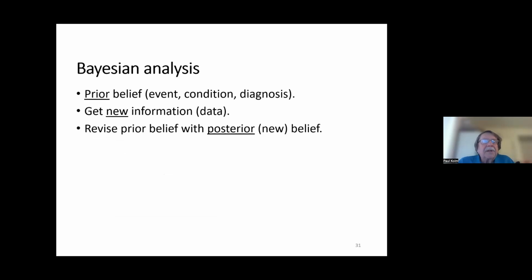In Bayesian analysis, it's a different approach. We have a prior belief about our event or condition or diagnosis or whatever outcome we're looking at. We then do research to gather data that is new information, and based on that new information, we revise our prior belief into what is known as the posterior belief, our updated belief about what's true or what's not true.